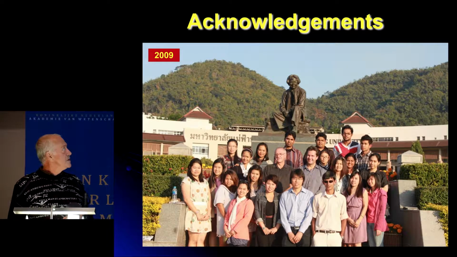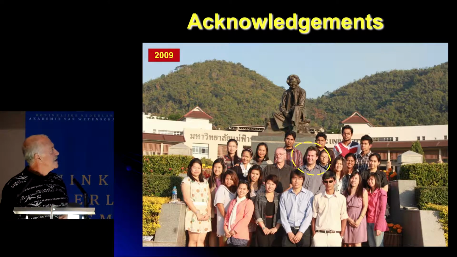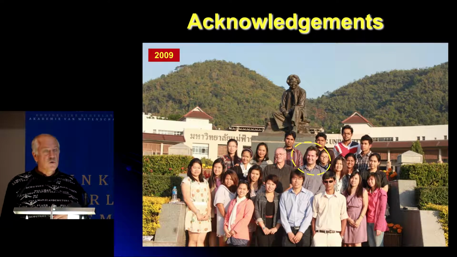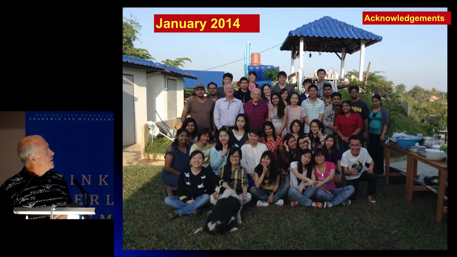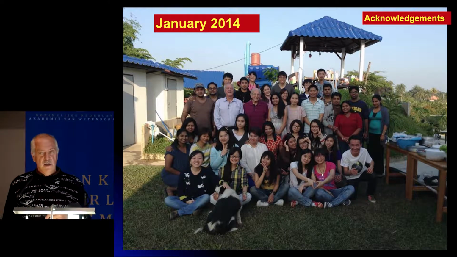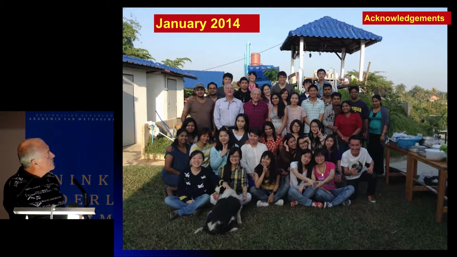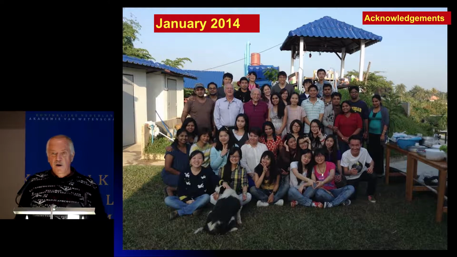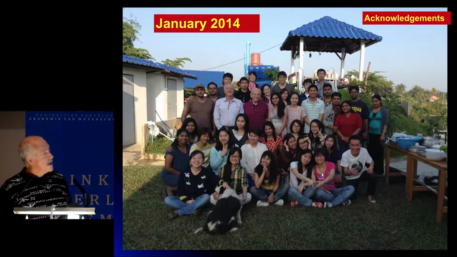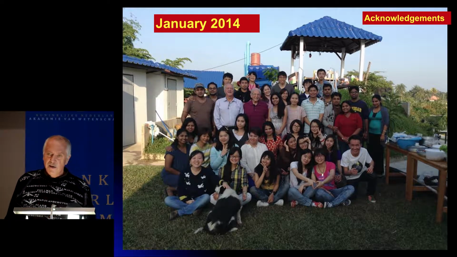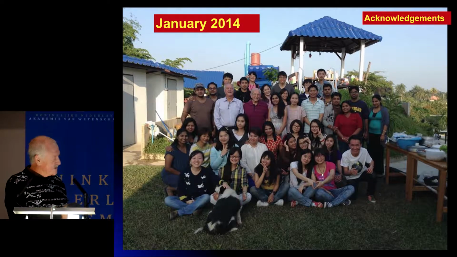Now, Pedro visited me in 2009, and at that time we had 15 students. In 2014, the number of students had grown to 40. This is not Pedro, 4 years later; this is my father, who's 90, but I hope, Pedro, that you'll come out again soon and join us.